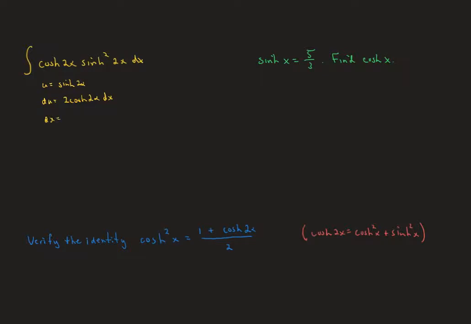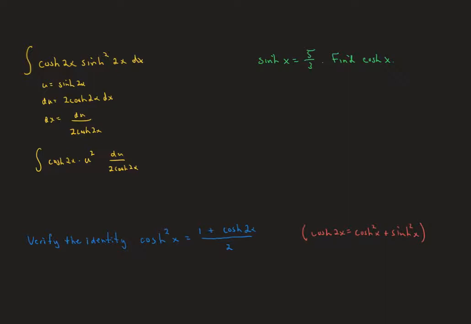So our dx will be du over 2 hyperbolic cosine of 2x. That makes our integral become the hyperbolic cosine of 2x, and then we're going to call that u squared for the hyperbolic sine squared, and the dx we'll replace with du over 2 hyperbolic cosine of 2x.